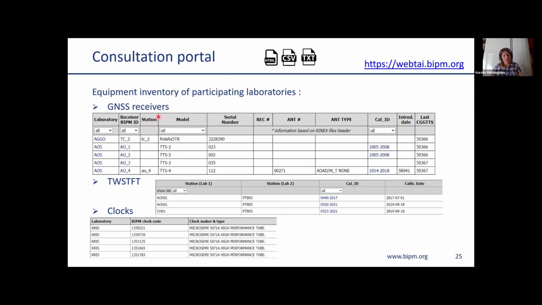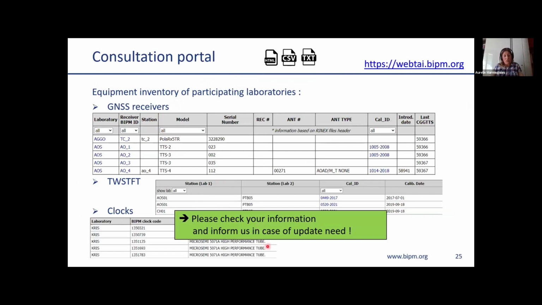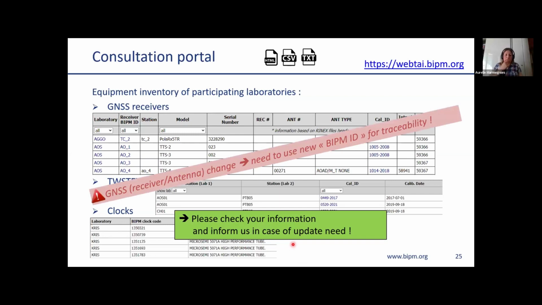So for the GNSS receiver, two-way clock in each lab. This is quite important for us that you sometimes go and check that the information published is still valid. And one point I want to mention is that we are defining a BIPM identifier for a GNSS receiver, but in fact, this is for a system: GNSS receiver plus antenna.